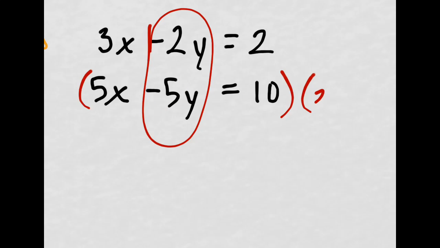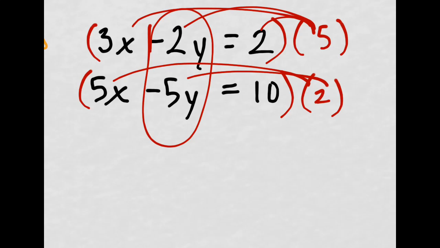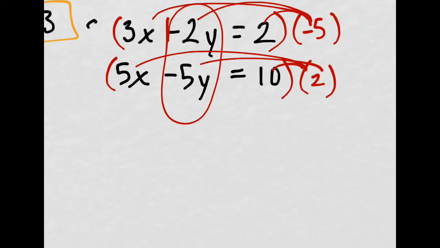That would be 2. And what times 2 gives me 10? Well, that would be 5. However, I want them to be different signs. If I multiplied it right now, I would get -10, and I would get -10. So I'll make this one a negative. Doesn't really matter. So I'm changing both equations this time.